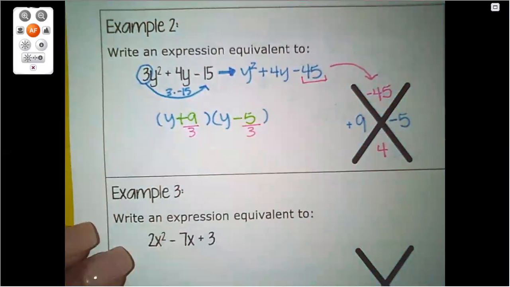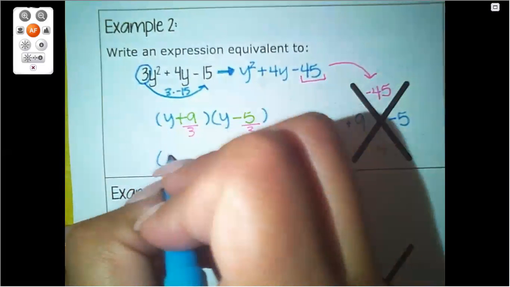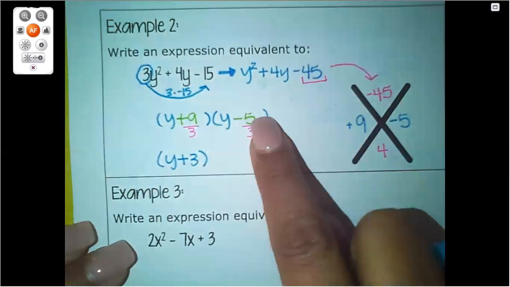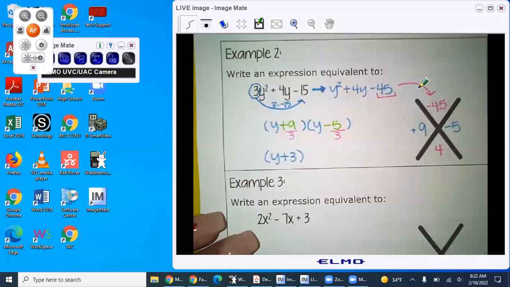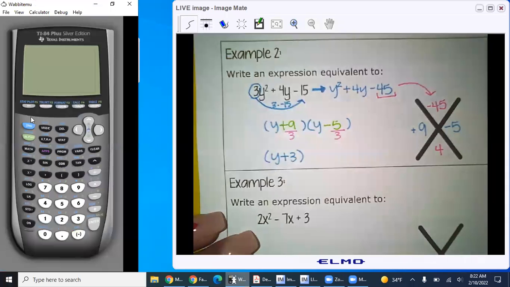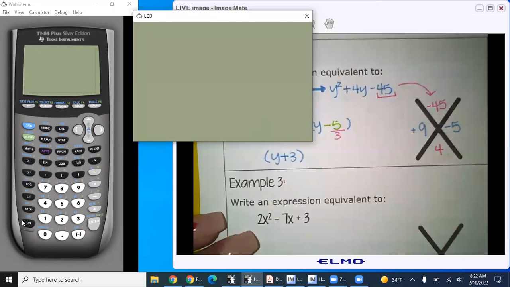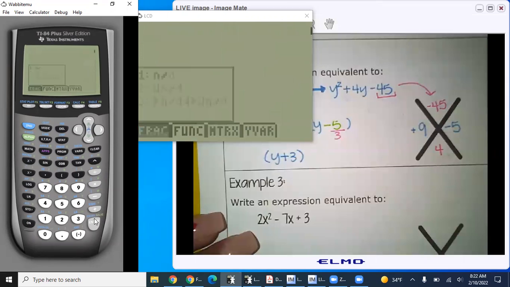Now, if I divide 9 divided by 3, what do I get? 3. So I simply bring the whole number down, y plus 3. But if I try negative 5 divided by 3 in my calculator, what happens? You get a decimal. Let's try it here. Alpha y equals, type in negative 5 over 3.